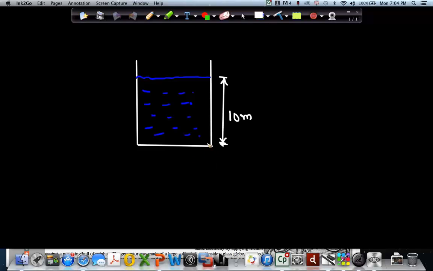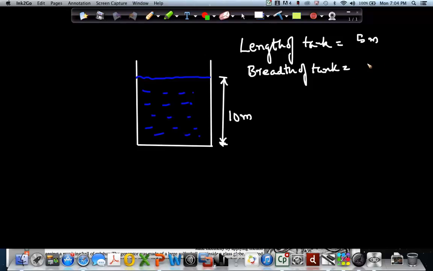Now this is actually a rectangular tank, so the length of the tank is 5 meters, right? And the breadth of the tank is 4 meters.